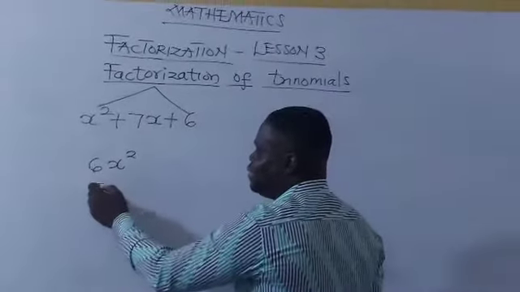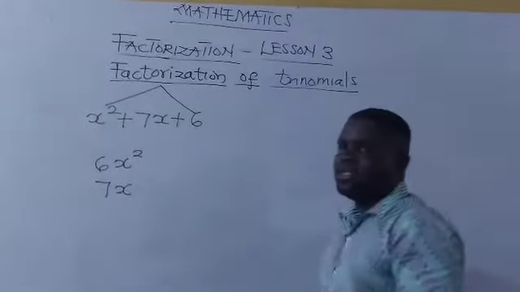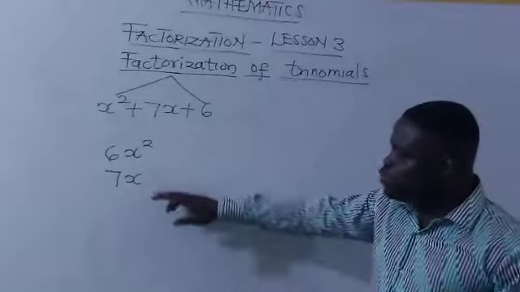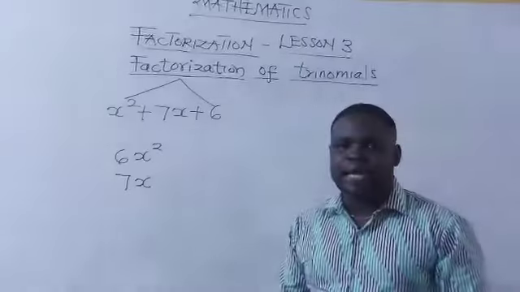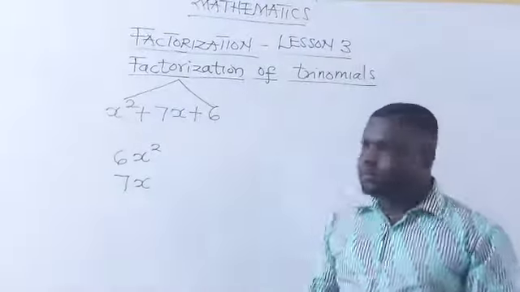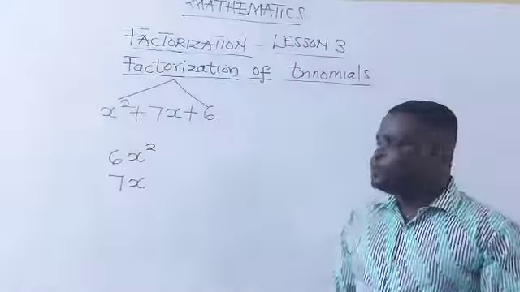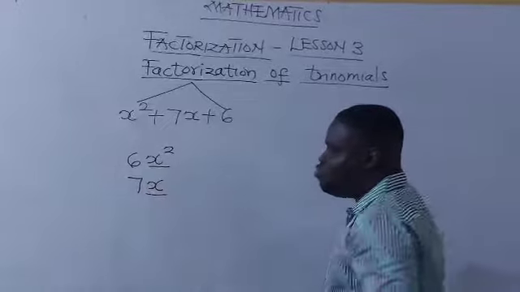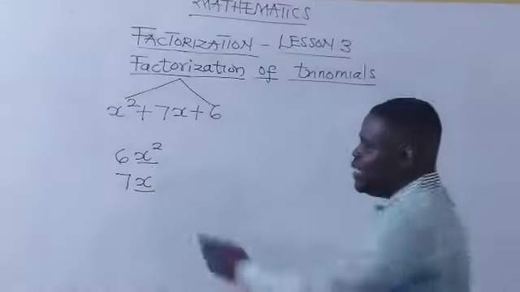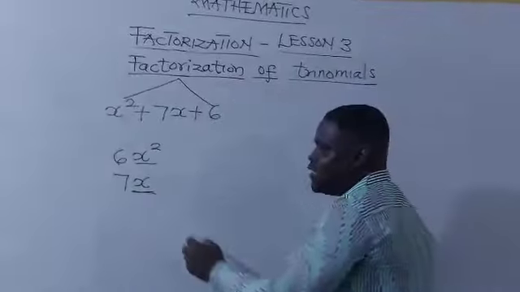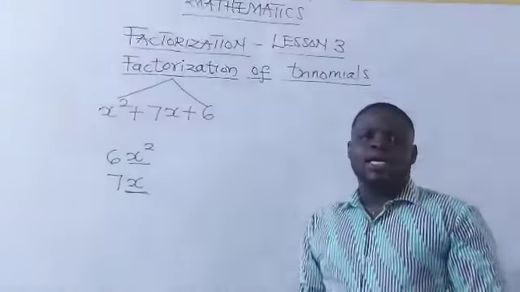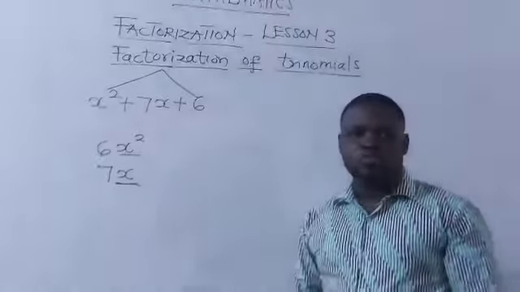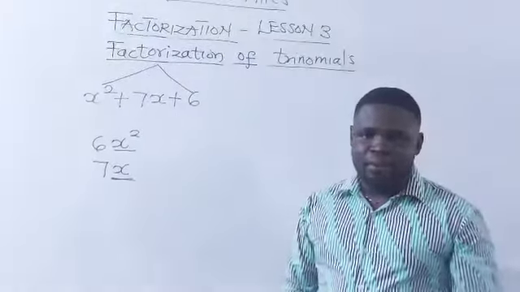And our second term is 7x. We are going to look for two terms that will sum up to 7x. At the same time, the product of these two terms should be 6x squared. We realize that the variables of these two terms, x squared and x: when you sum up any expressions with a variable x, the result will be an answer in the same variable x.